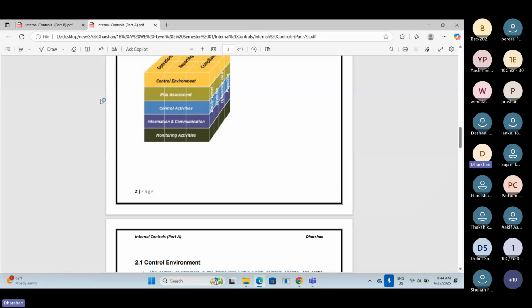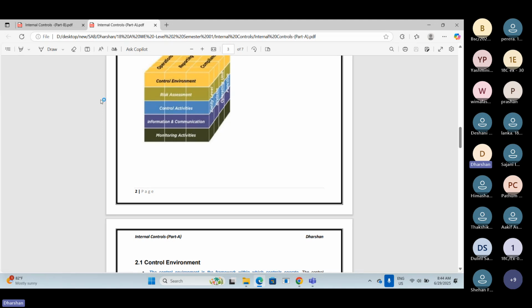It refers to the board of directors, the head of the organization's attitude, awareness of internal controls, their culture, their actions, their functions in relation to internal control, whether strong or weak, whether they have a positive attitude about internal control or they don't have any interest in it.